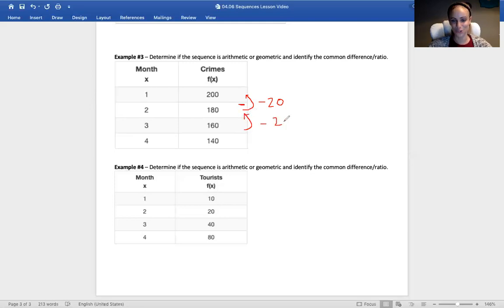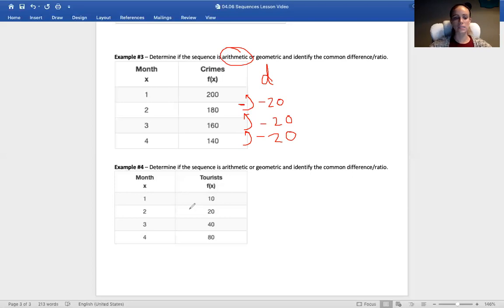It's also negative 20, good sign. And then last but not least, 140 minus 160 is negative 20 again. So I just verified that by adding a negative 20, that is our common difference, which means it is an arithmetic sequence.